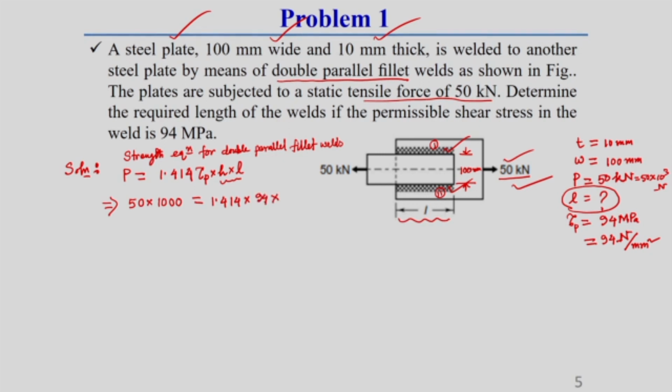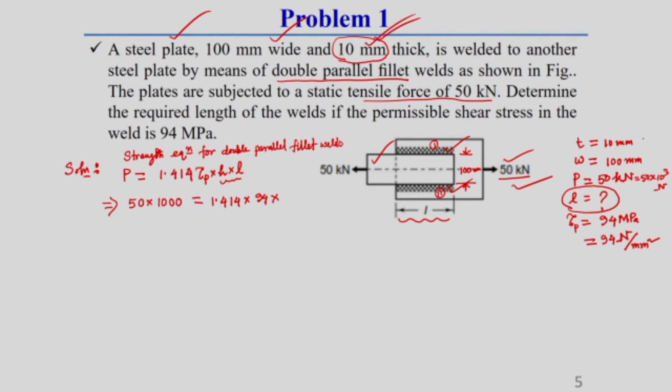Here H is also given. So, here H generally is the leg length of this weld. Generally we know leg length of the weld is equal to the thickness of this plate which is going to be welded to this another plate. This I have already discussed in previous lecture. So, here the thickness of the plate which we are going to connect with another plate by parallel fillet weld is given as 10 millimeter.